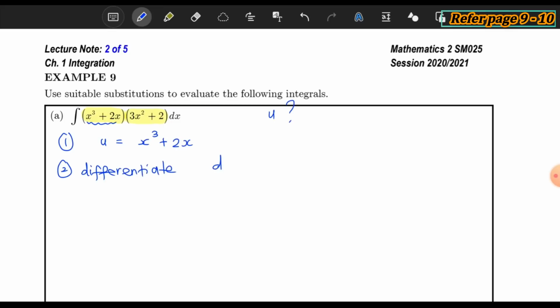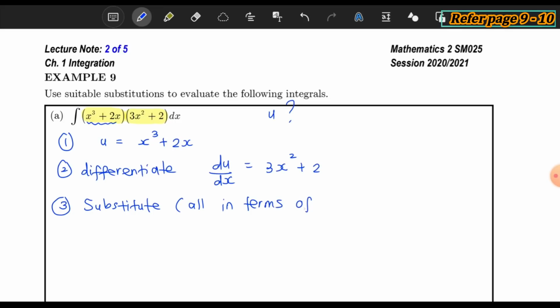So du dx, for now we are using x as variable, du dx equals 3x squared plus 2. Third step, we need to substitute. All must be in terms of u.